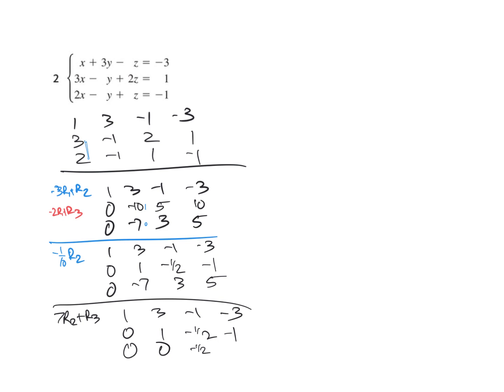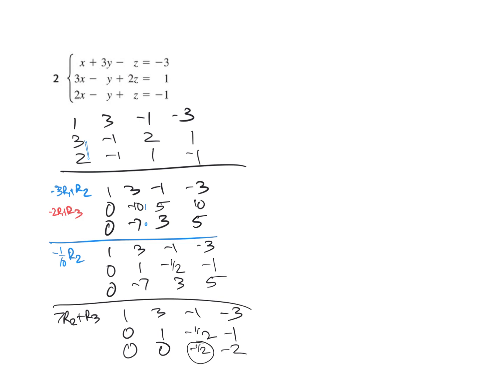Okay, and then we have 7 times -1 is -7, plus 5. -7 plus 5 is -2. And then we need to make this a 1.